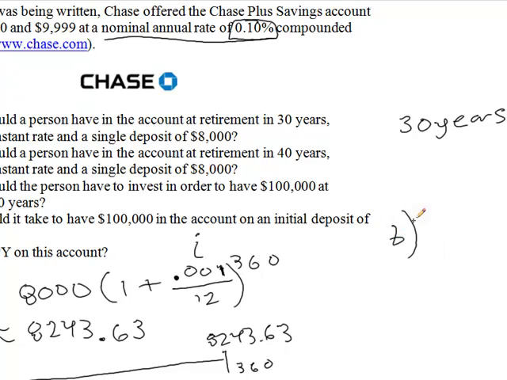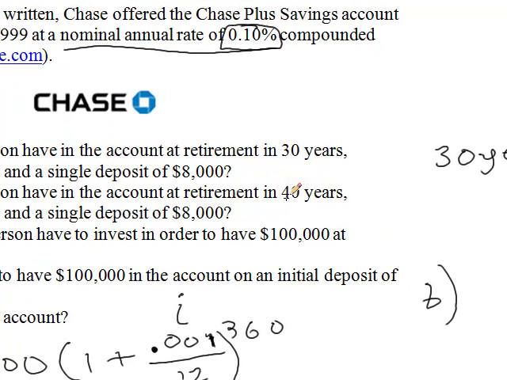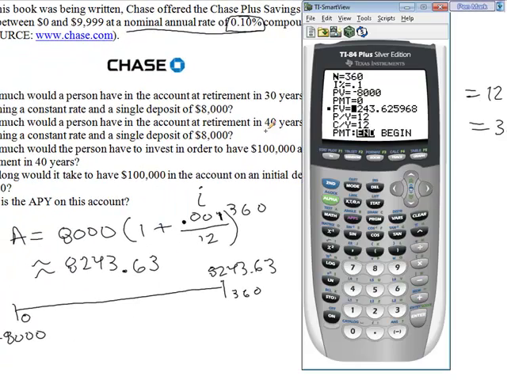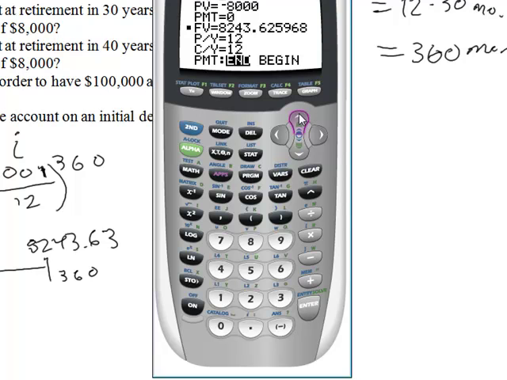Part B asks, how much would a person have in the account at retirement in 40 years, assuming a constant rate and a single deposit of 8,000. So same problem, except we're looking at 40 years instead of 30 years. So how much difference would this 10-year gap make? Well, as we know, we can come over here and just type in 12 times 40 to get the total number of months, which will be 480.